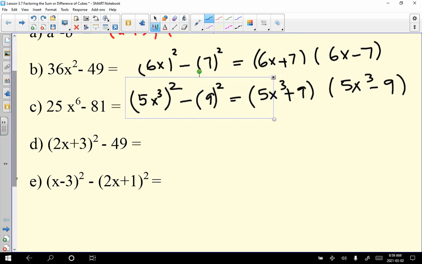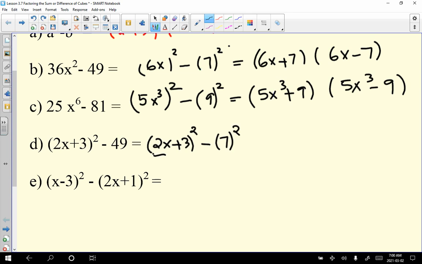All right, next one. 2x plus 3 squared minus 49. First we'll write that as a difference of squares. The first one's already the square of 2x plus 3. We're going to write 49 as the square of 7. And then this entire expression is your a value, and the 7 is your b.